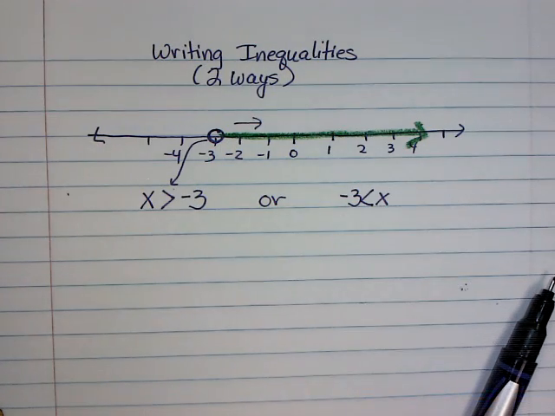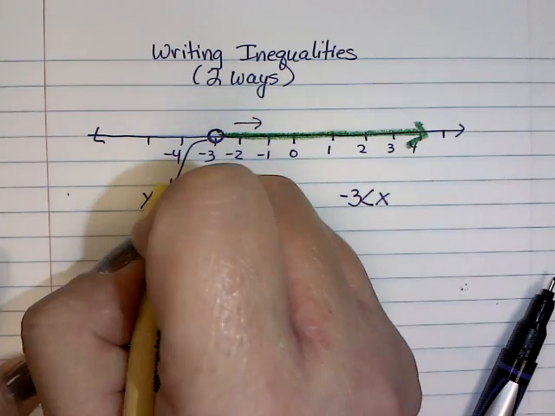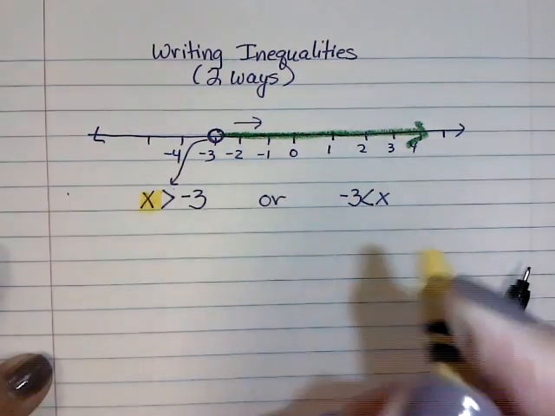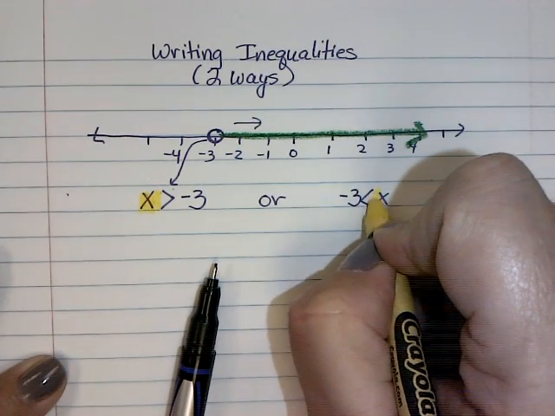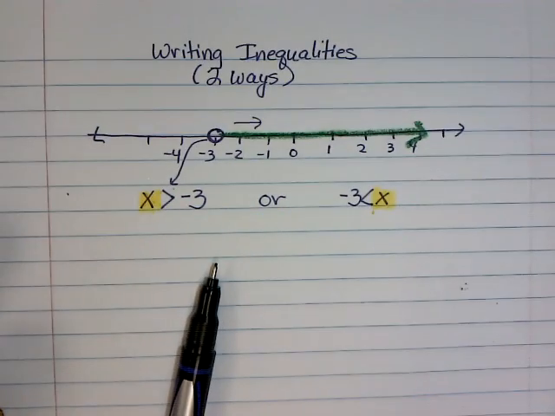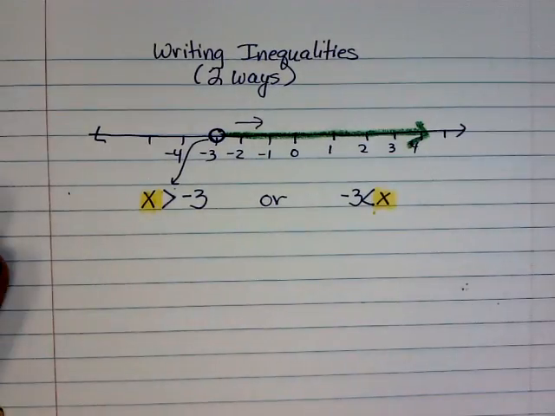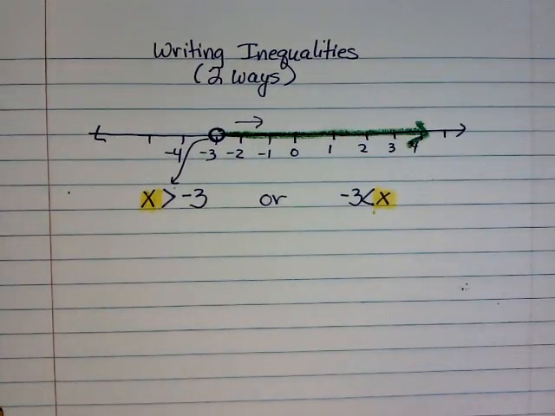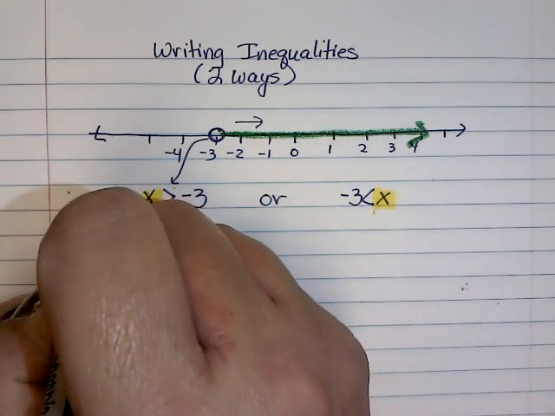Does everybody see that? On this one, the bigger part was pointing to my x, and over here, my bigger part is pointing to my x. So there's two ways to write these, so you're going to have to be real careful how you write them. Okay, here's the catcher now.